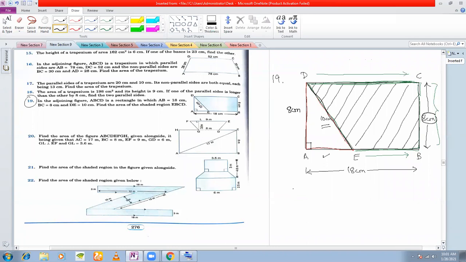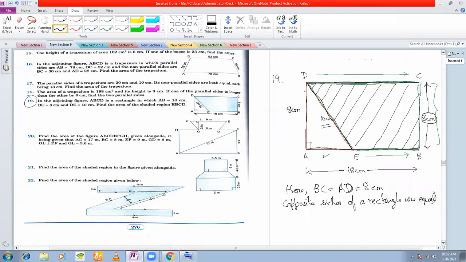So we first write here BC is equal to AD is equal to 8 centimeters. Why? Because opposite sides of a rectangle are equal. Okay, so we found out this side.